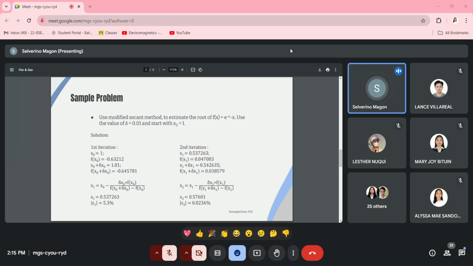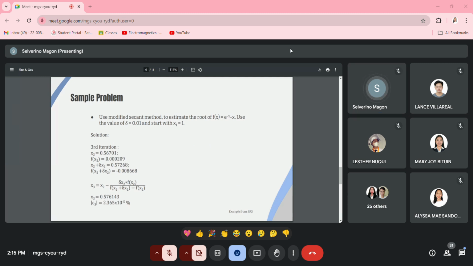Okay, so we move on to the next iteration. Here we just repeat the process for the third iteration. Make use of the previous value of x from the second iteration. We evaluate the value of the function at that point. So it becomes somewhat close to zero. We perform incremental analysis, so this point moves further to the right in a very little step.